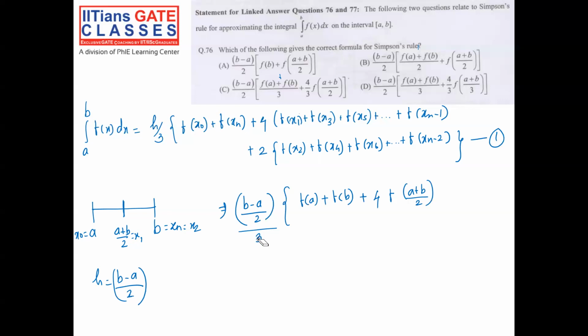And if you bring this 3 inside the bracket, you can write it like this as well. Now if you compare with the options, we can clearly say that option C is correct in this case. It's exactly matching: b minus a by 2 times f of a plus f of b divided by 3 plus 4 by 3 times f of a plus b by 2. So we got the correct option here.